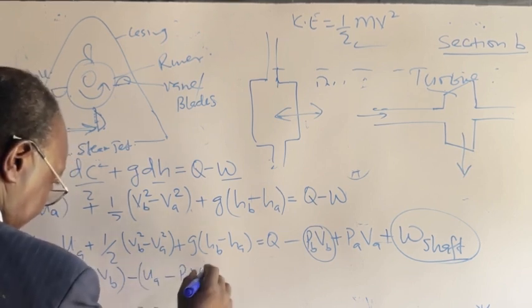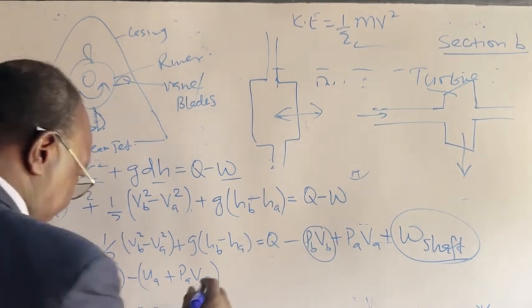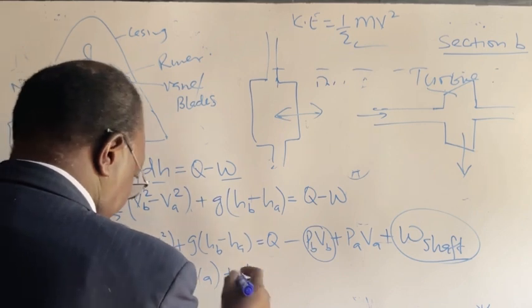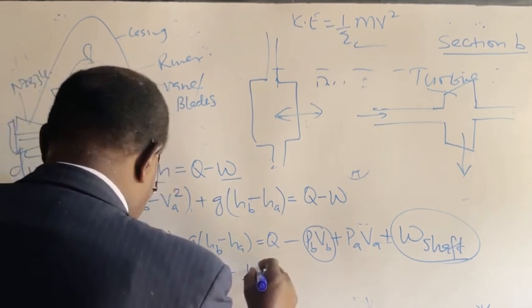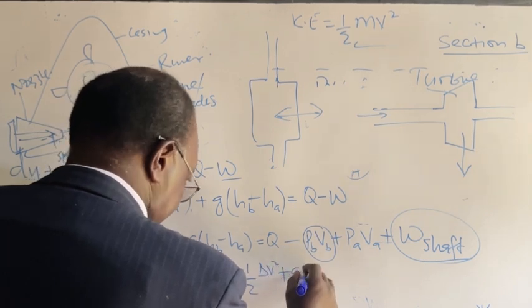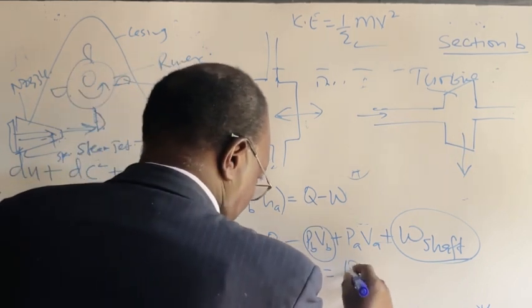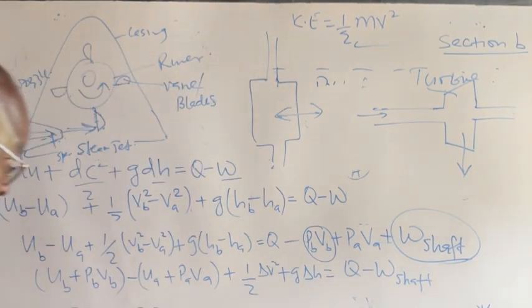So we can have that as minus UA plus PA VA. And then of course plus these terms involving kinetic energy, which we can express as delta V squared plus G delta H is equals to Q minus W shaft work, assuming shaft work.